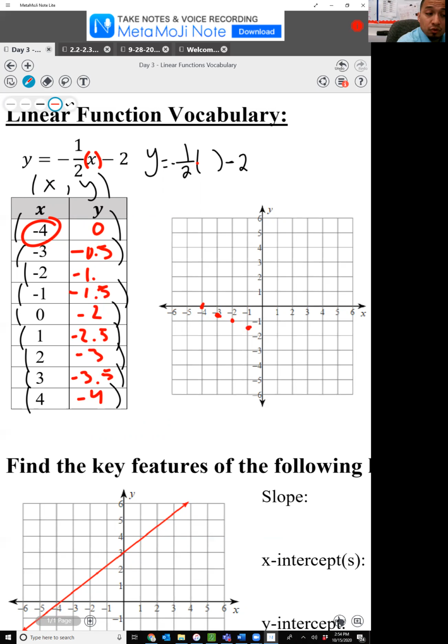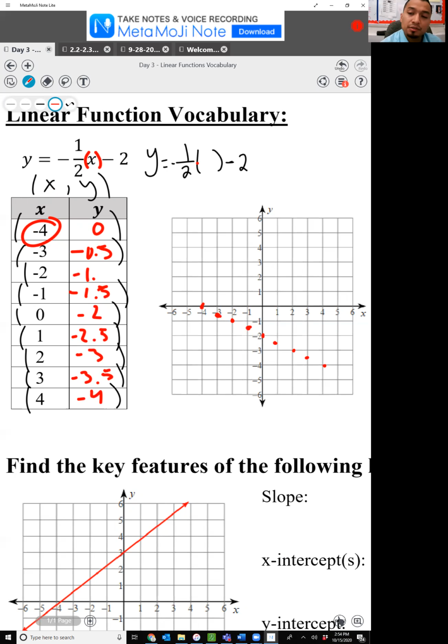So that means 0 comma 2 means you're staying in the middle and then you're going down 2. Okay, and then 1, -2.5, 2 comma -3, and then 3 down, -3.5, and 4, -4. Okay, so those are the points you got.